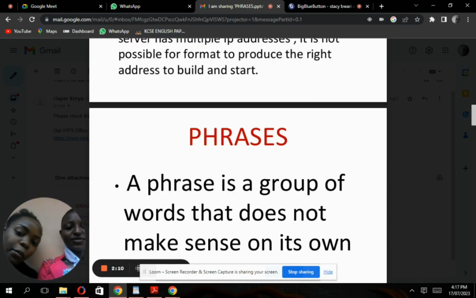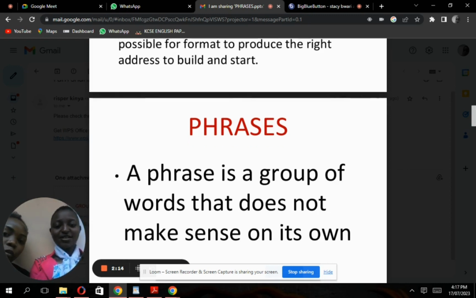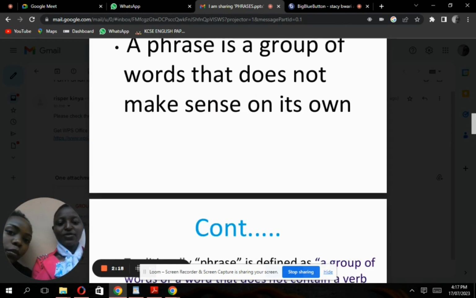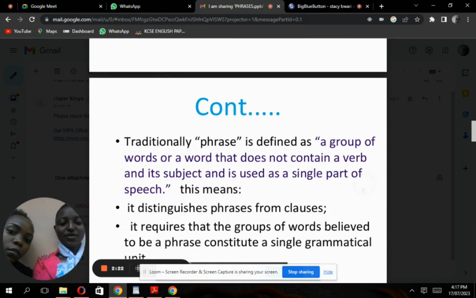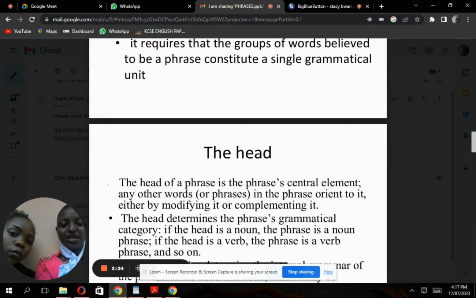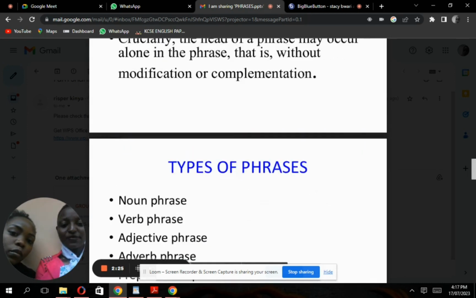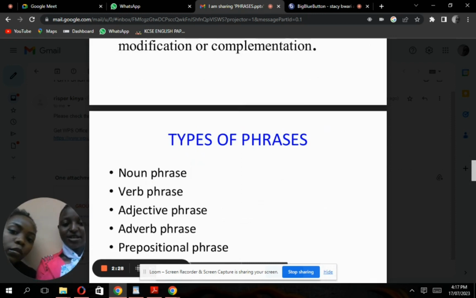So I'm going to take you through the phrases. This is our topic of discussion as Group 16. A phrase is a group of words that do not make sense on its own, and we have different types of phrases. We have the noun phrase, the verb phrase, the adjectival phrase, the adverb phrase, and the prepositional phrase.